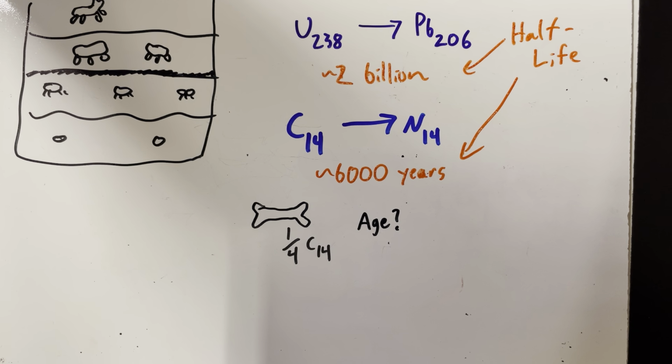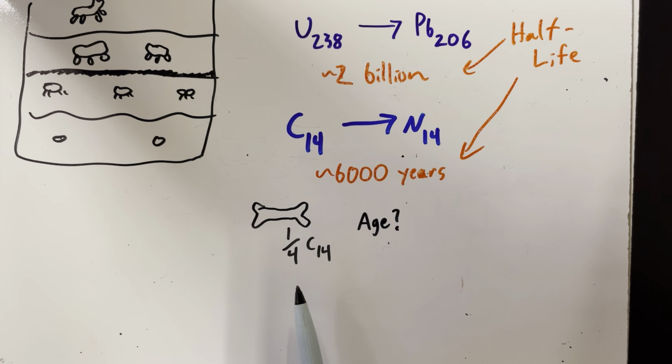I want to say 18,000 years. Is it 3,000 years old? 1,600 years? 1,500 years? I'm guessing 600 years. No. When it died, it had 100% of its carbon-14, right?